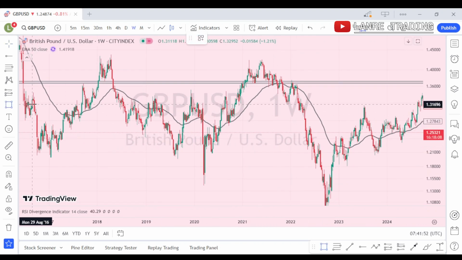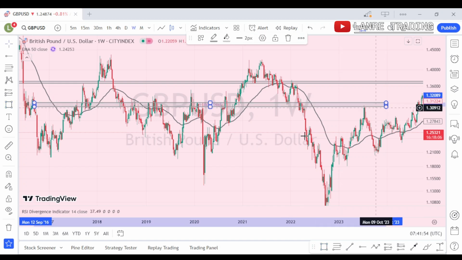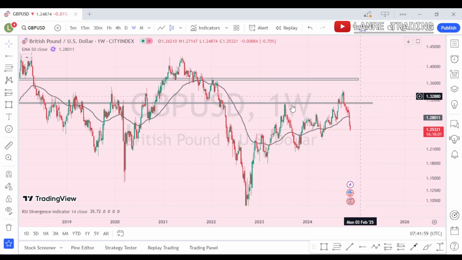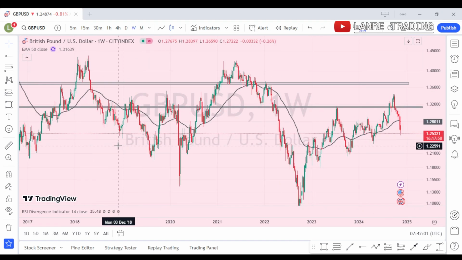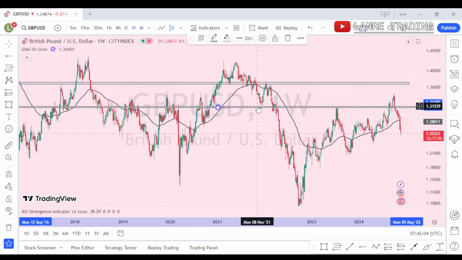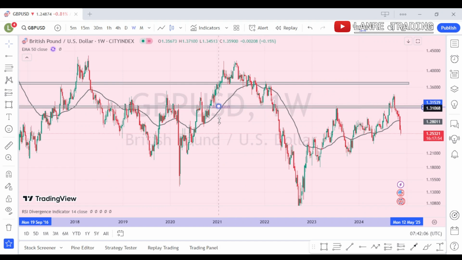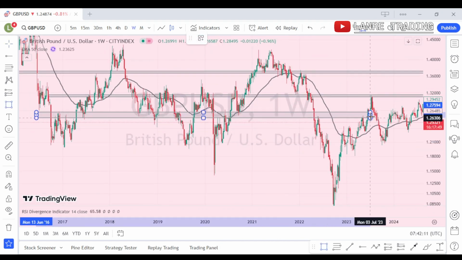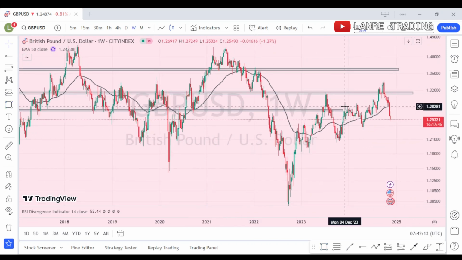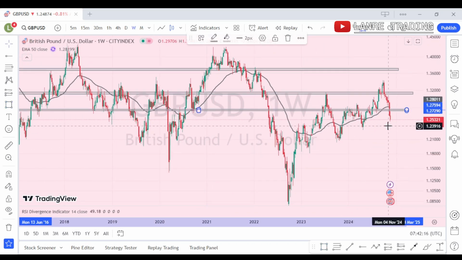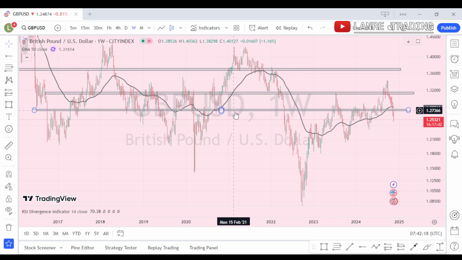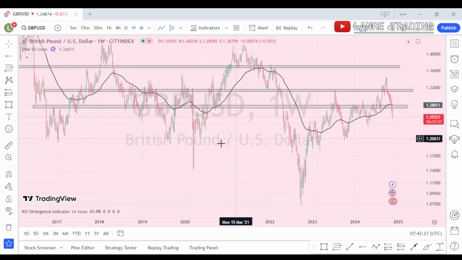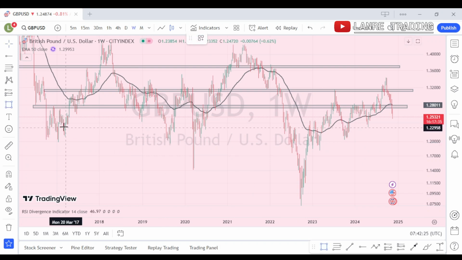Here the support and the resistance meet. We are connecting all those levels together. We are currently connecting those dots.